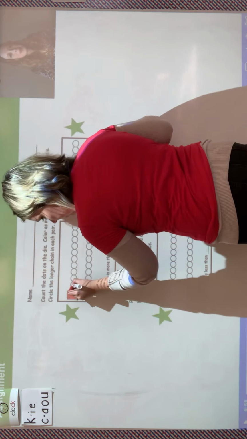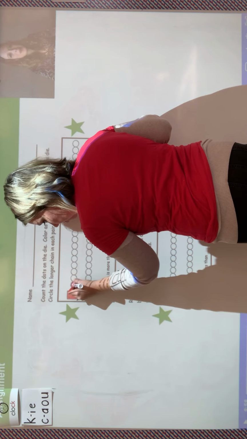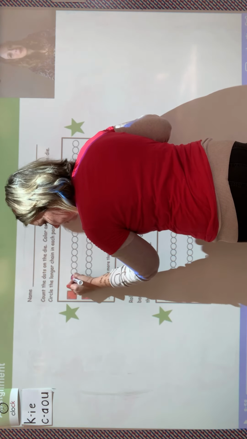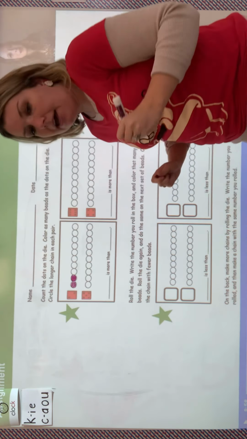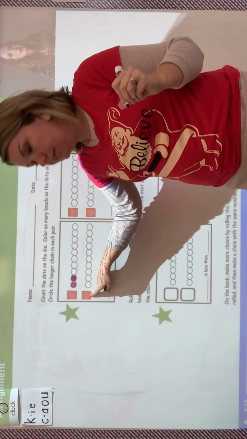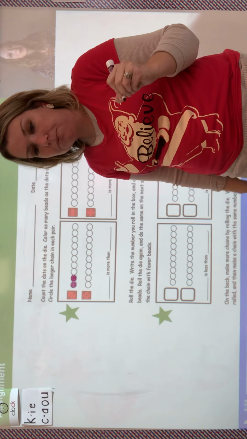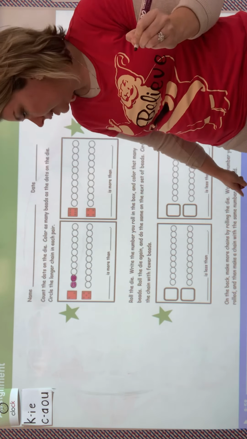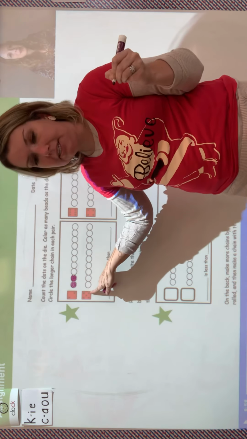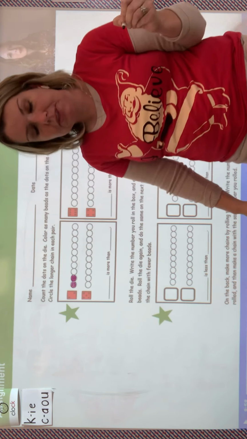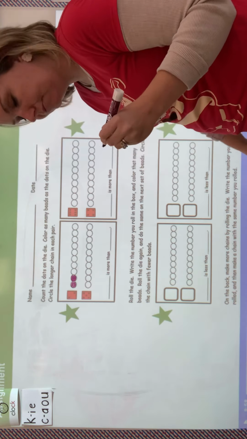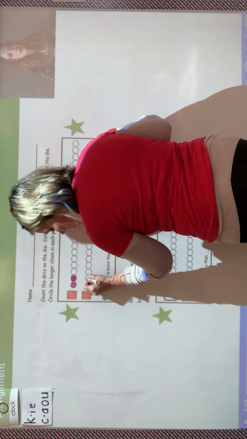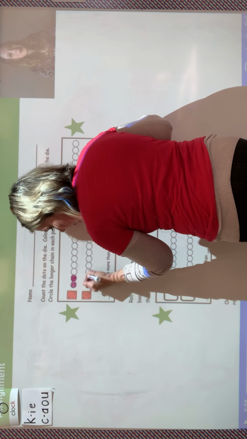All right, Carolyn, so I'm going to color 2 circles with my favorite color. How many dots are on the dice below it? Raise your hands. Smriti, how many dots are on the dice below? 5. 5. I'm going to color those 5 in my favorite color.